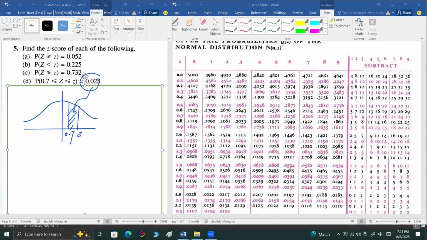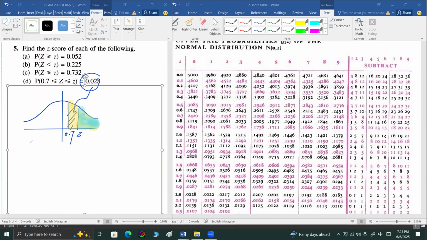Remember how I showed you by drawing this way? You get the yellow region, the area of the yellow part, minus this part. See how I show the solution, class?